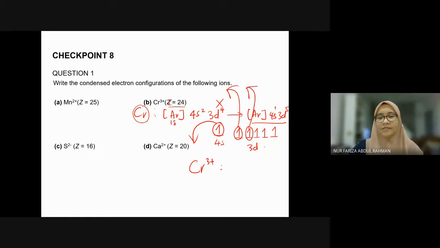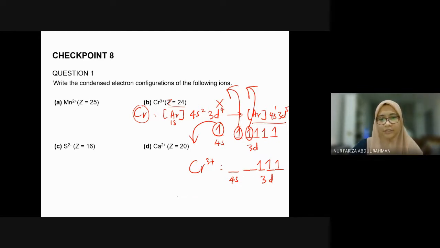Okay, alright. So 4s is now kosong. There's no electron in the 4s. Next will be, okay, so we have 3 electrons. Tak kisahlah you nak buang dekat belakang ke, nak buang kat depan, doesn't matter. As long as it has 3 electrons in the orbital. Okay, sepatutnya kita kena buang kat belakang. Tapi tak apa, dia tak salah. Okay, so this is how it looks like.